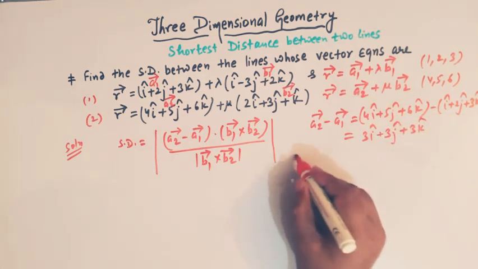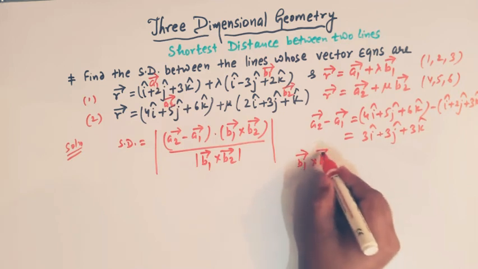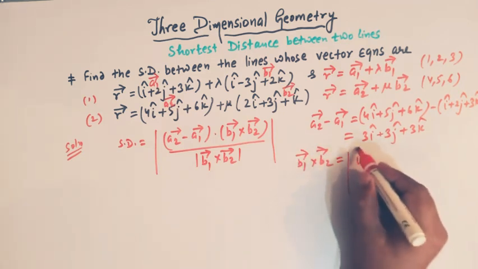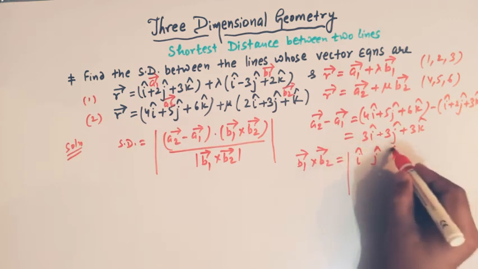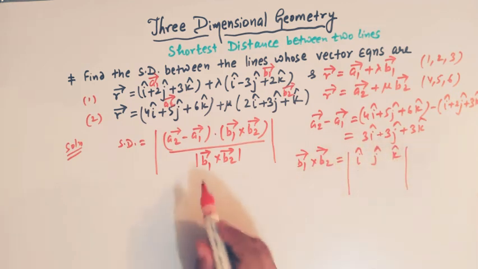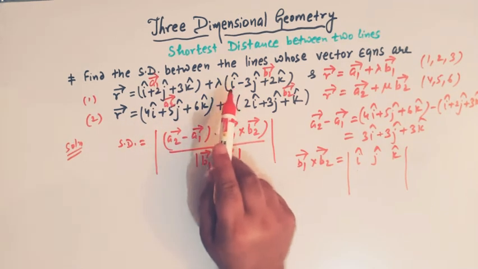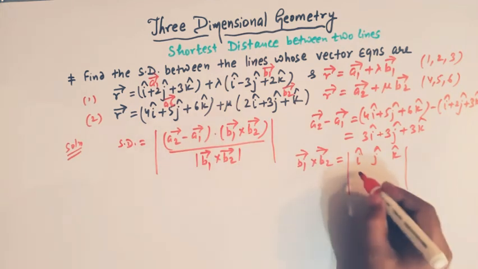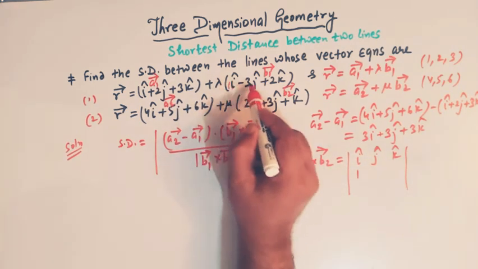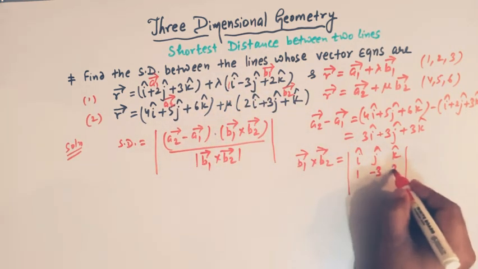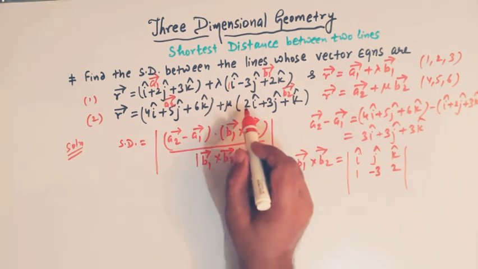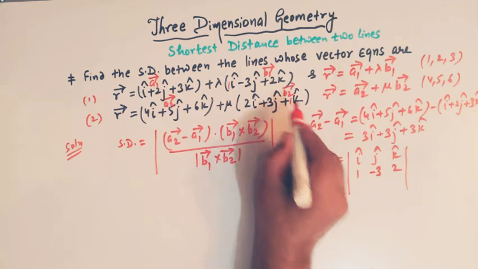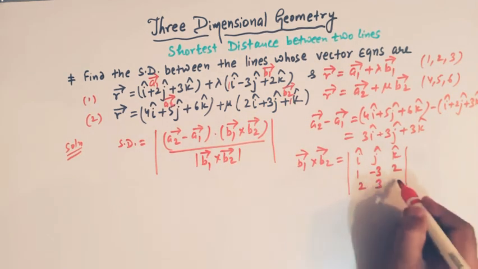Now b1 cross b2 is given by the determinant with i cap, j cap, and k cap, and the second row is occupied by the components 1, 1 minus 3 and 2, and the third row is occupied by the numbers 2, 3 and 1.